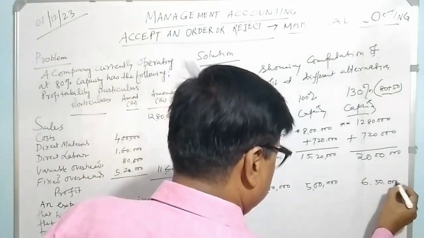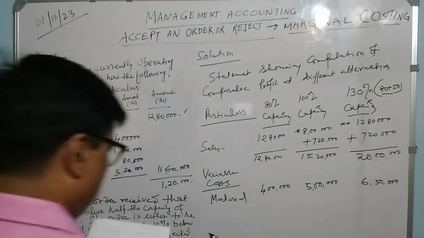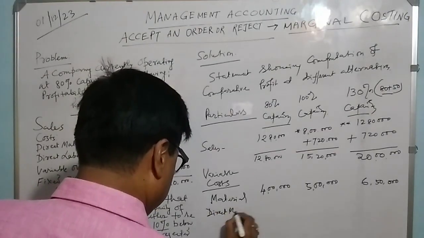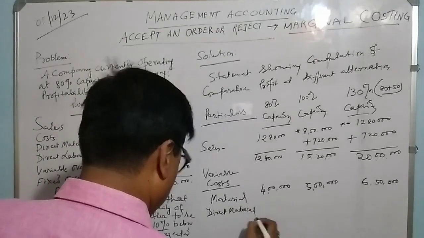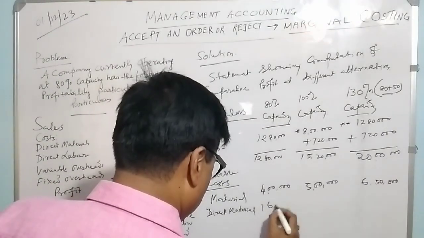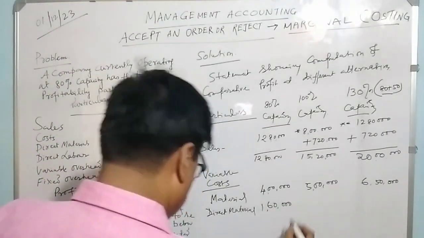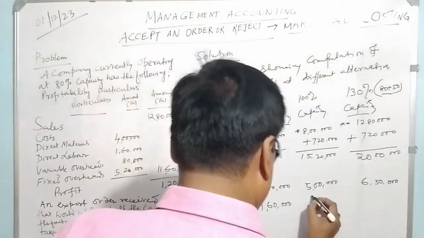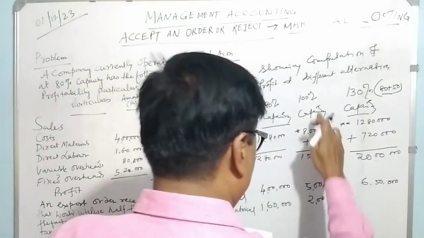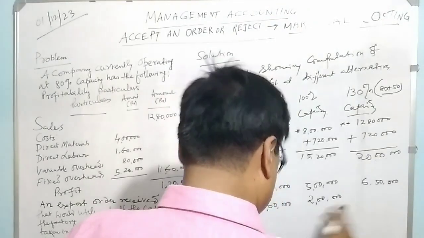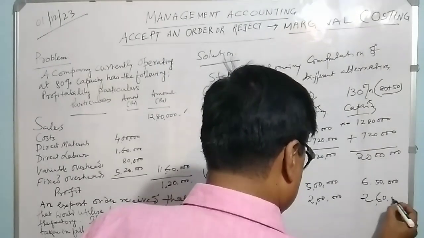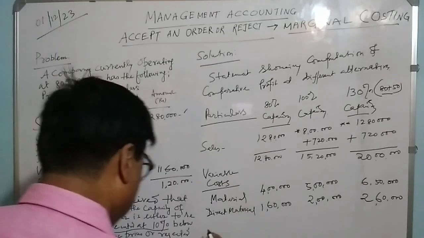This is proportionately variable based upon your volume of operation changes. Direct material, how much? 1,60,000 as you have given in your existing domestic product, and you increase proportionately on capacity utilization basis: 1,60,000 becomes 2 lakhs at 100% capacity level, and 2,60,000 at 130%, right?